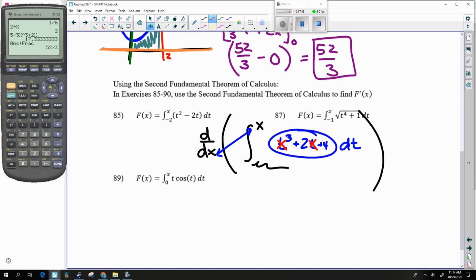That's literally what the second fundamental theorem says. If x is the upper bound and you're taking the derivative with respect to x, all you do is replace all the letters with the letter x.